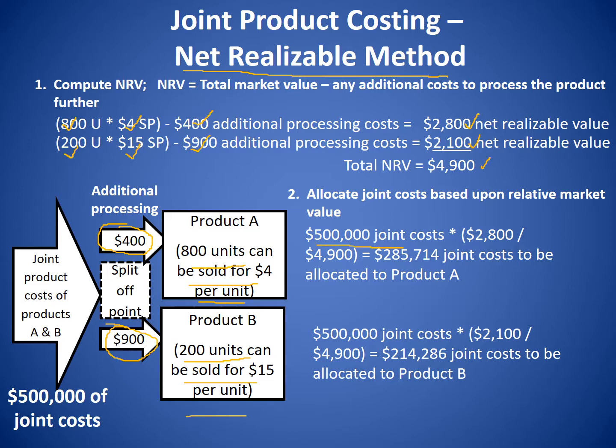$500,000 of joint cost times $2,800 net realizable value divided by the total net realizable value of $4,900.